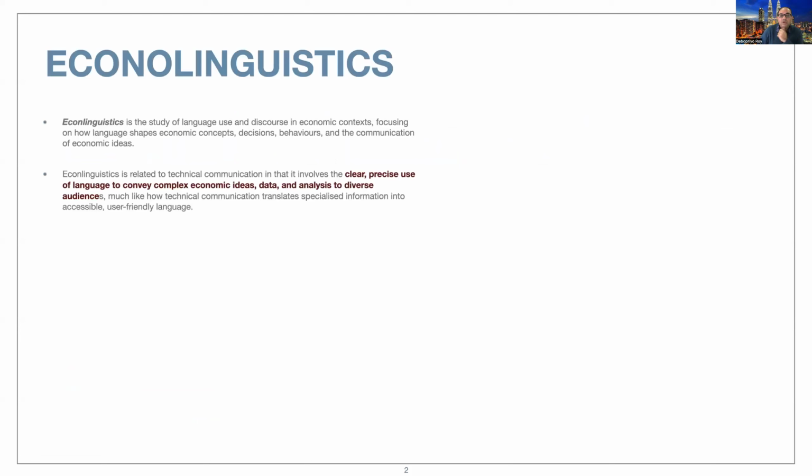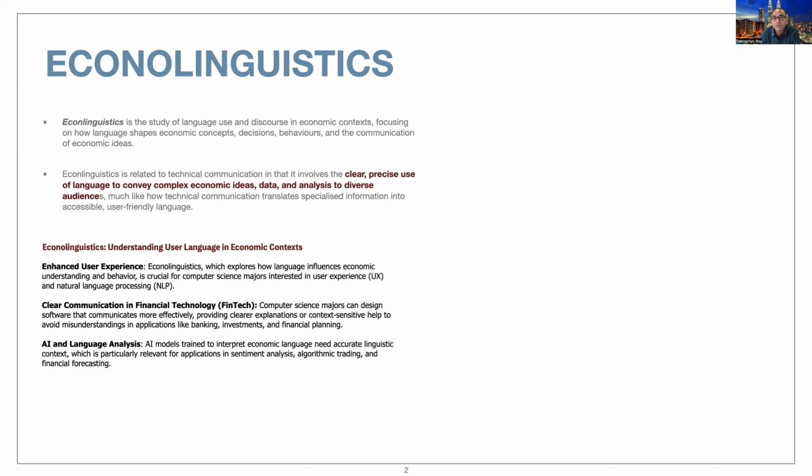So what is econ linguistics? Econ linguistics is actually an attempt in research to make better use of terms that are used in finance and economics for customers to better understand the structure of information and how it's used in sentences and how it's used in policy analysis and investment portfolios, insurance policies, and so on.